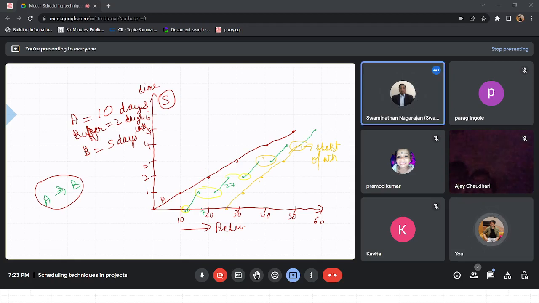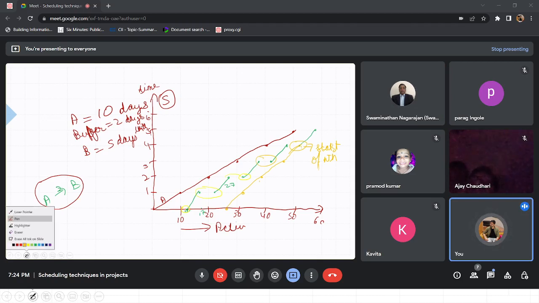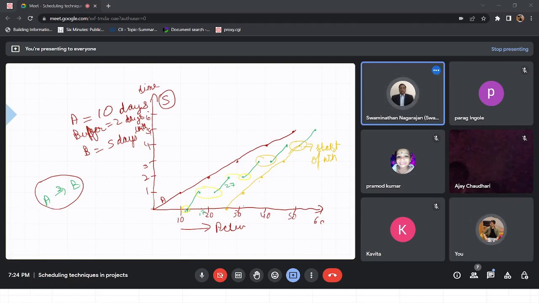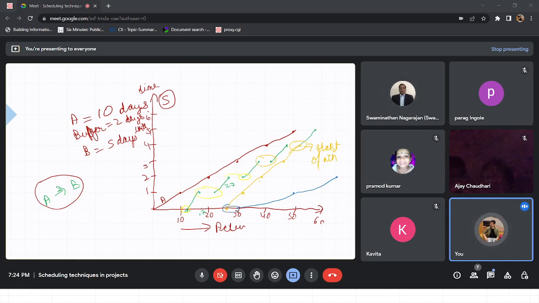So similarly, if the slope would have been more, in case of, let's say there is an activity C with duration 20 days, then its slope would have been quite flatter. So similarly, we can work here with start type buffer only.